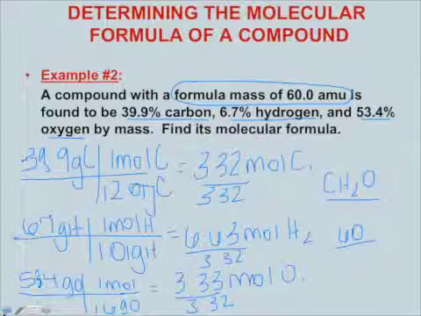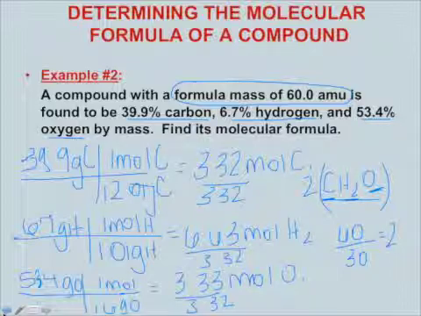You need to take 12.01 plus 2.02 plus 16 and add all that together. And you should get roughly 30. Okay, when I add all that together, my multiplier in this problem is 2. I'm going to take this whole thing and multiply by 2.